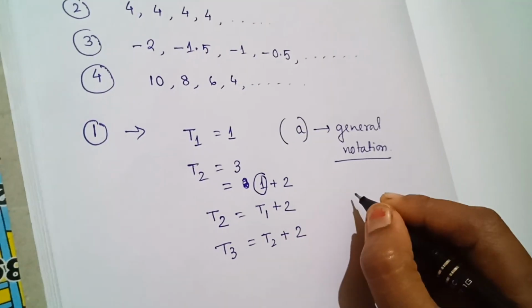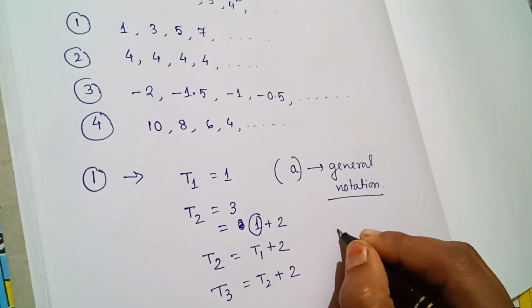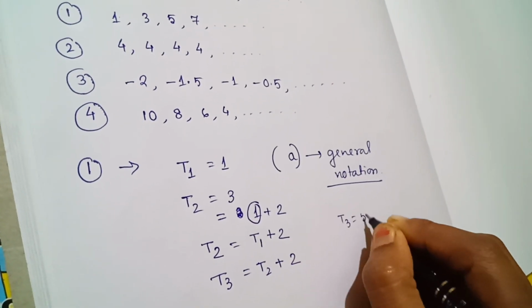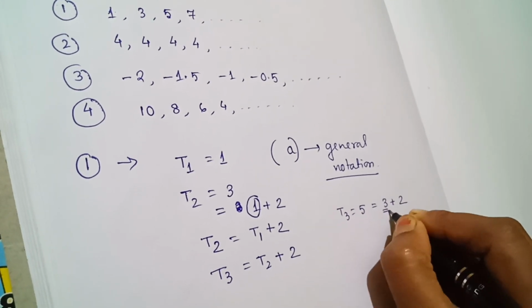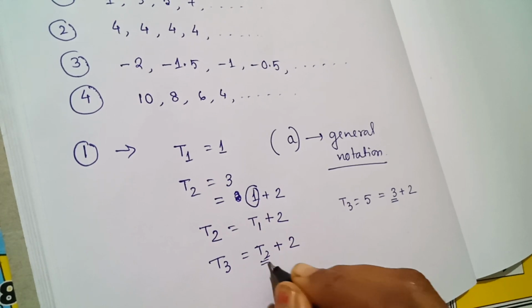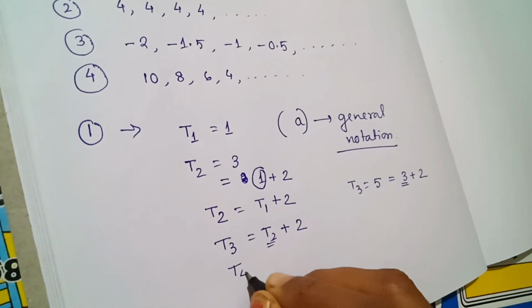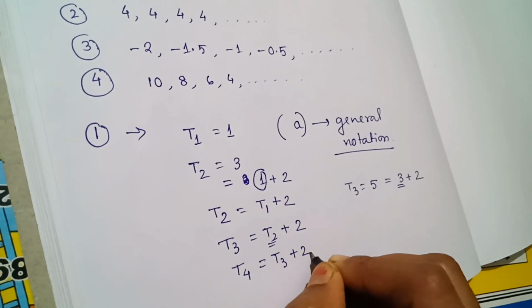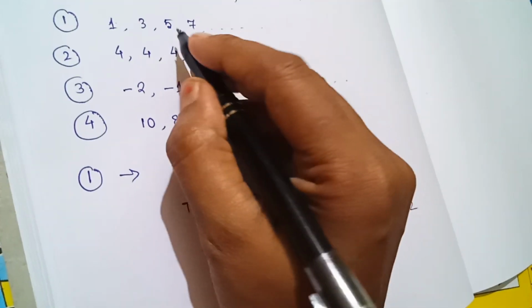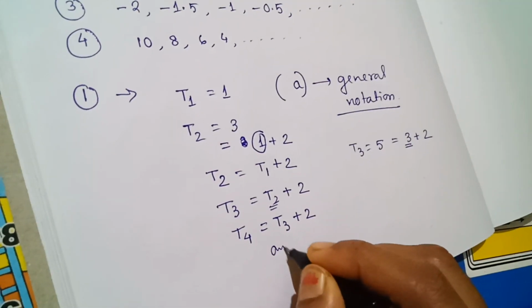How are we getting this? Because T3 means 5, 5 means 3 plus 2, and 3 means T2. Similarly, T4 will be T3 plus 2. T3 is equal to 5, 5 plus 2 means 7. And so on.